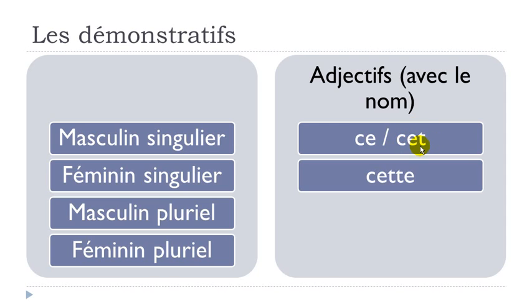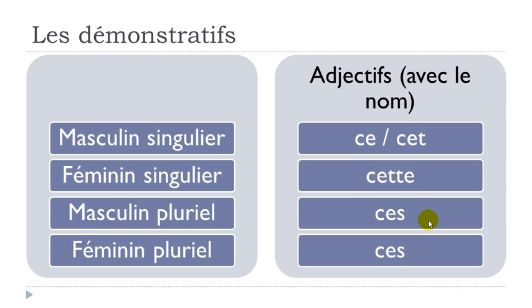Okay, and then feminine form is cette, like that. So it's quite interesting because if you listen carefully, the masculine form here cet and the feminine form here cette, you write them differently, but then you pronounce them the same way. All right, for the plural form, so masculine plural, it would be ces.